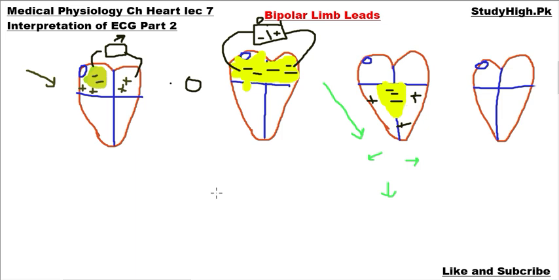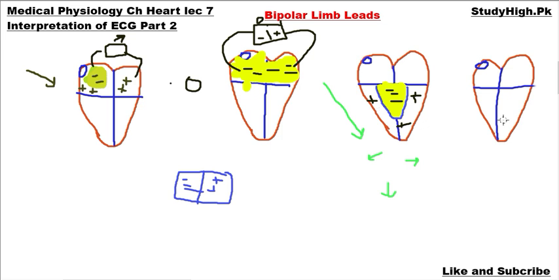Like what happens in the case of our cell, when half of the cell area is negative and half is positive, it will show a maximum voltage. Likewise, when half the area of our heart is negative and the other is positive, the maximum voltage vector will be given by this area of our ventricle.